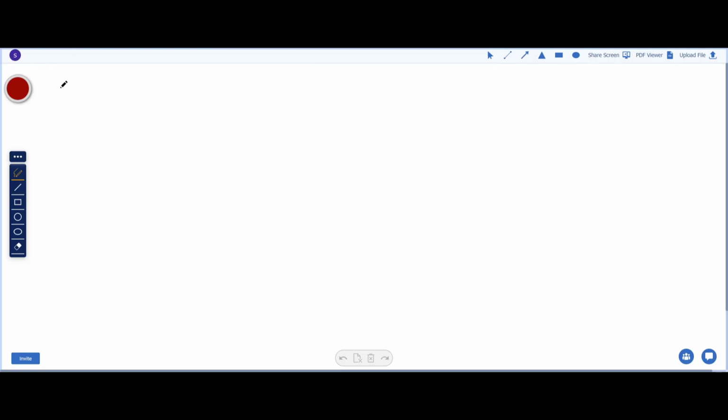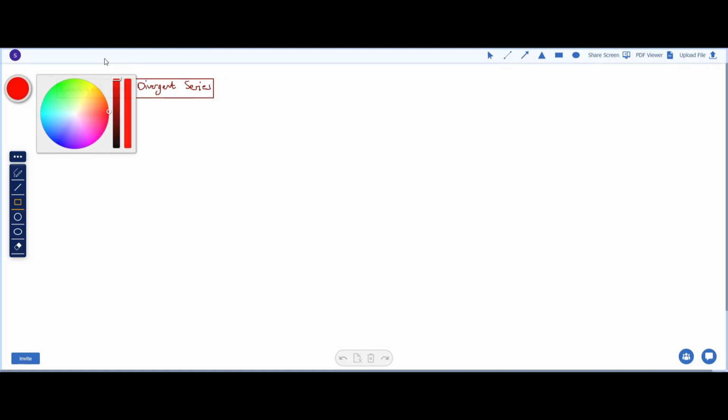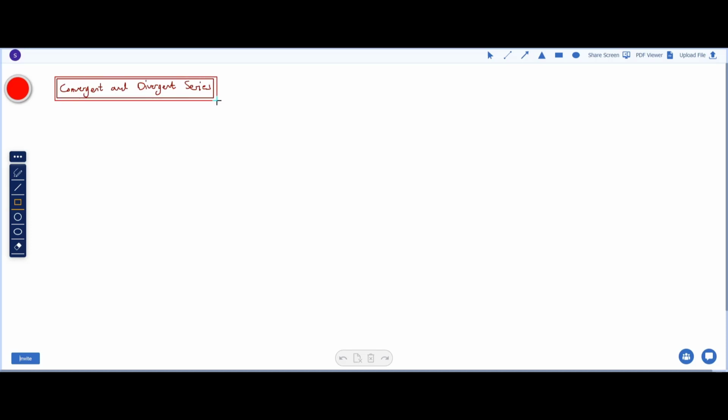Okay, so convergent and divergent series. Now, the first example that we did, we worked out an example with a convergent series.